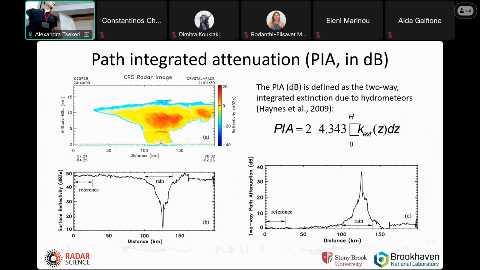And the cool thing about that is that the reflectivity of a radar, Z, is proportional to the sixth power of the particle diameter. This is really bad. This is not like the LiDAR, which is D squared. This PIA is proportional to the total mass in the column, approximately, for simplicity. So per square meter you have the total in the column. This is extremely good. This is something you're going to get from a microwave radiometer, correct?